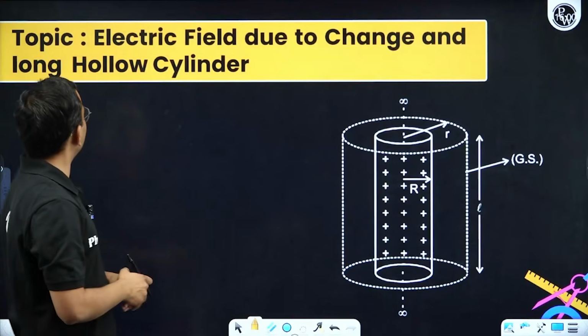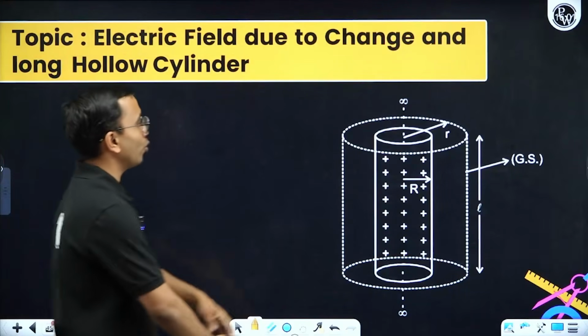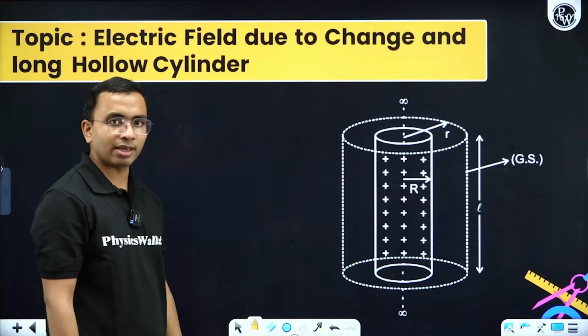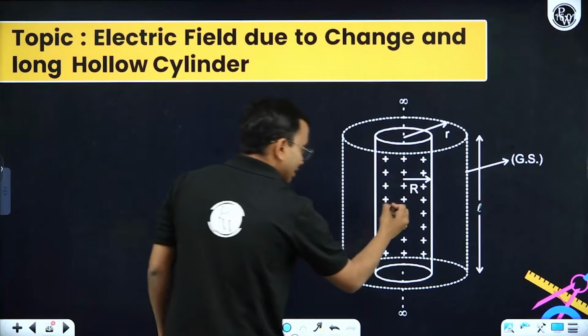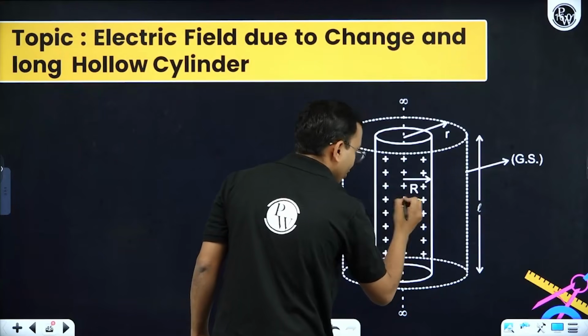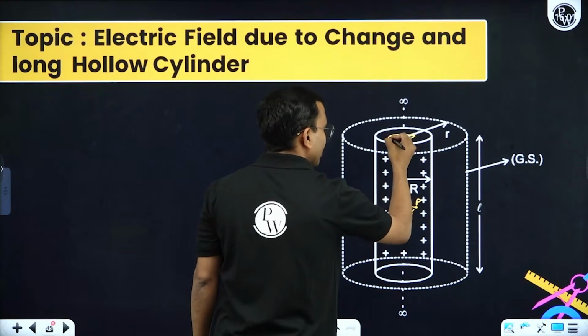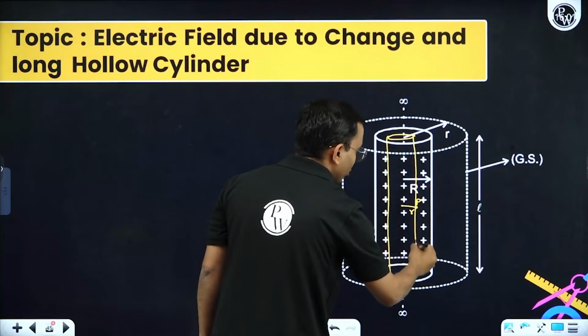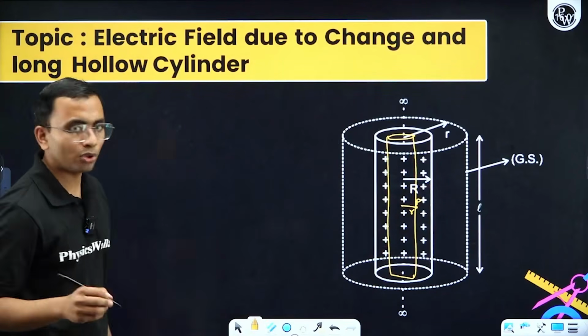Now this is due to a long hollow cylinder. If a hollow cylinder is uniformly charged, how do we write the electric field at a distance r? If you take any point inside it, let us take here, and you draw a Gaussian surface, what will be the enclosed charge in this? 0.